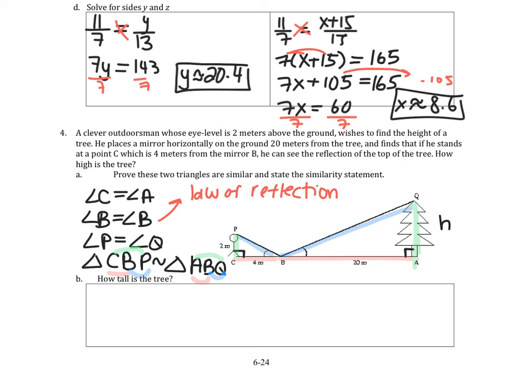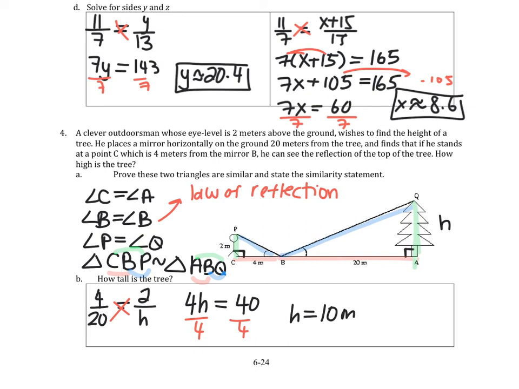So my proportion is going to be the 4/20, for my full pair, which is the bases, and then the heights are going to create the other one, 2/h. And now we can cross multiply, so that we have 4h equals 40 from the 2 times the 20, divide out the 4, and I get a height of 10 meters.